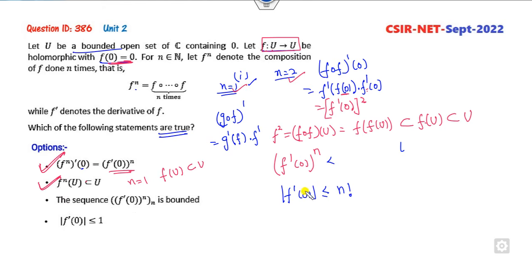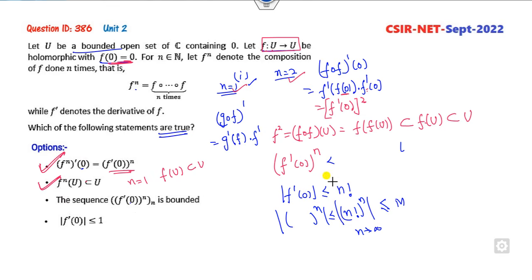Fine. Now if I take f dash raised to power n, it will be my this, f dash of 0, that's here. Now you can see if you take the modulus of this, it is clearly less than n. When you take n approaches infinity, it is always bounded.